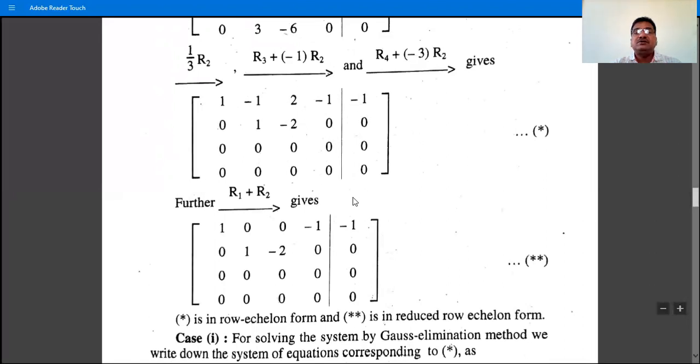If you delete the last column, then the remaining is the echelon form of the matrix A. In the row echelon form of the matrix A, the first row is a non-zero row, the second row is a non-zero row, and the third and fourth rows are zero rows. Therefore rank of A is 2, rank of AB is also 2, and the given system is consistent because rank of A is equal to rank of AB.